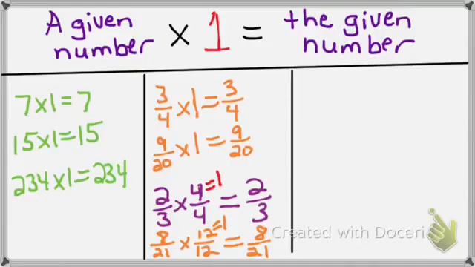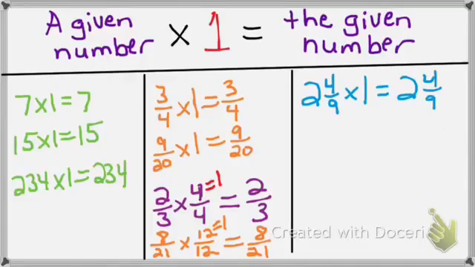And finally, this rule also holds true when your given number is a mixed number. Let's see how that's done. What if my given number is 2 4/9, and I multiply that by 1? Well, given number times 1 equals the given number, so my answer should be 2 4/9. I didn't need to do the math, I just know that my answer will be the given number.